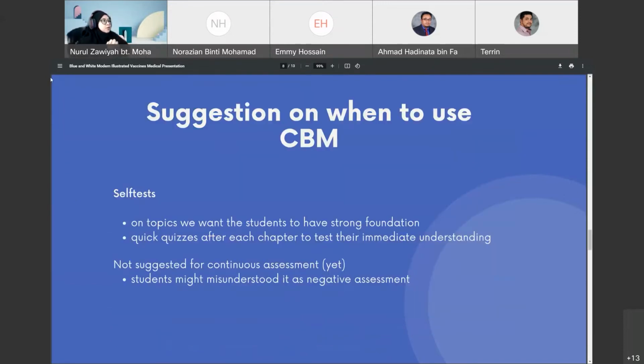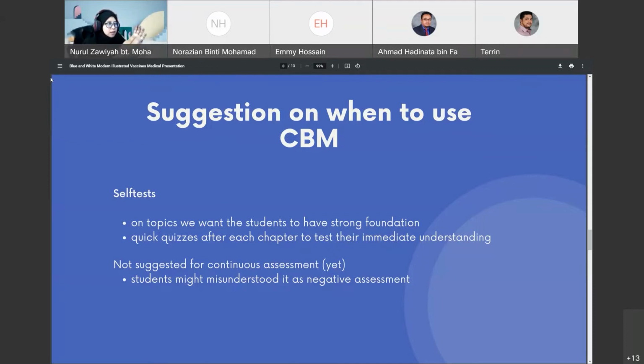All right, so in our faculty, or in UNIMAS, this is where I suggest to use CBM. I suggest we can use it for students' self-test, like after a class, you give 3-4 questions with CBM, with feedback, because usually when we do midterm, we always hide the feedback, right?